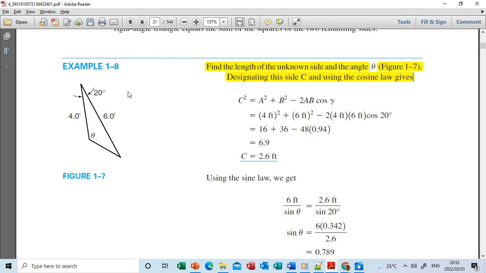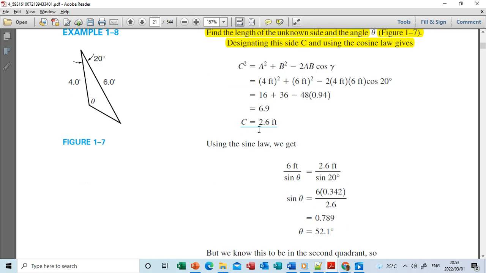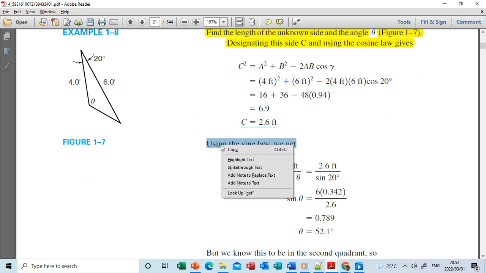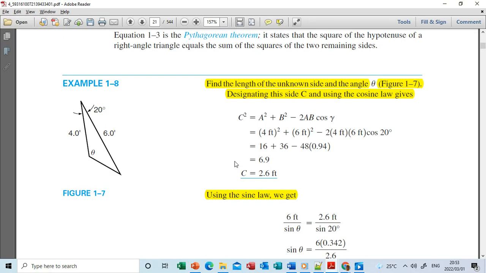It's very important. I'm saying you must do it because they are using two rules there, cosine and sine rule. And there's a reason why they are using two methods: because they asked you to find the angle there. They said you must find theta.